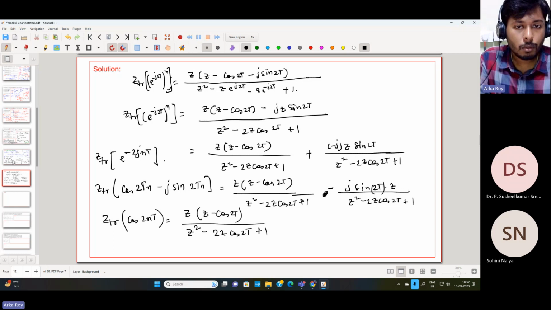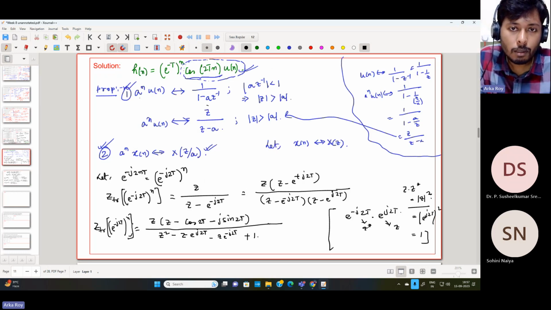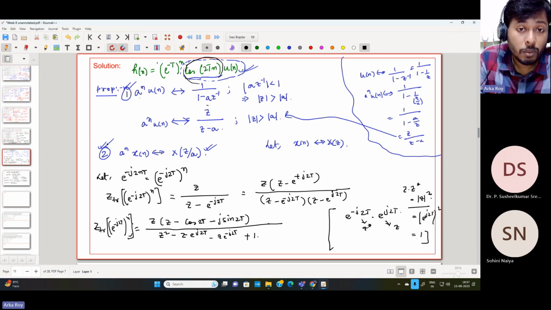Okay, so I was telling this fact that if I can find the z transform of cos 2tn, then I can use this particular relation and find the z transform of e to the power minus t to the power n multiplied with cos 2tn, that composite form. But before that, we need to find the z transform of cos 2tn.